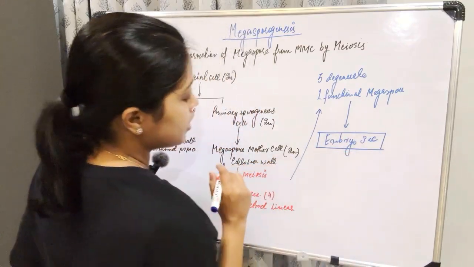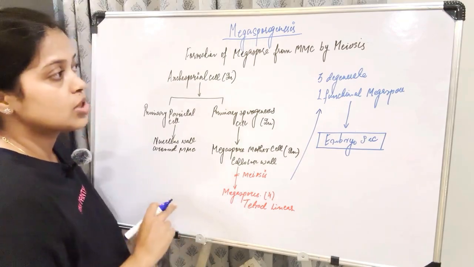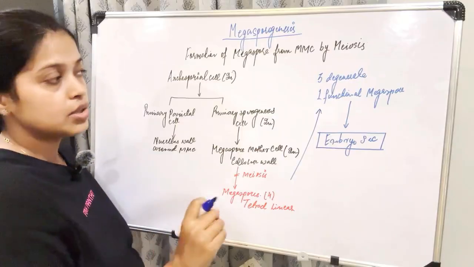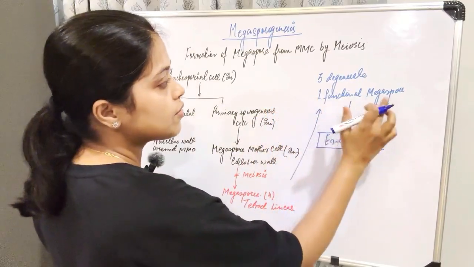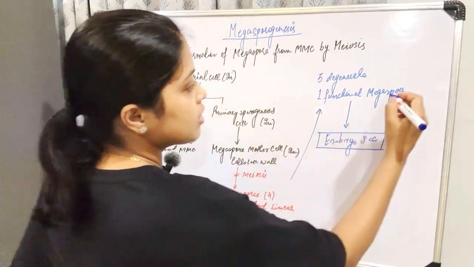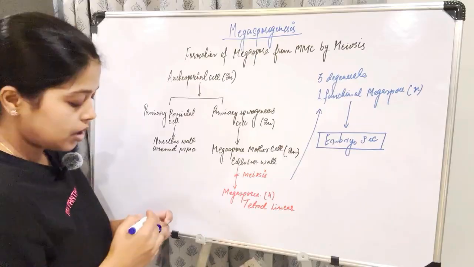This is very important. Understand that 4 megaspores are formed, out of which 3 degenerate, and it is only the one functional megaspore which forms the embryo sac. This functional megaspore will be haploid and it will form the embryo sac.